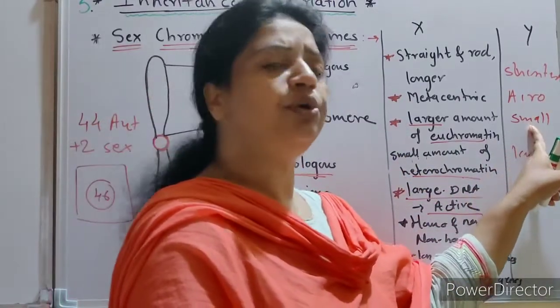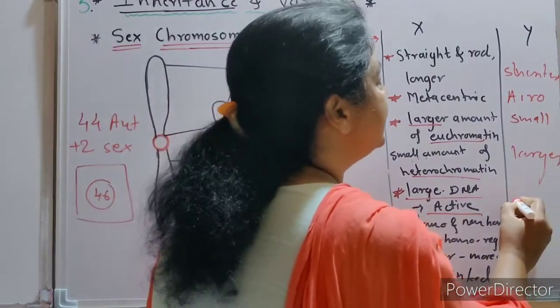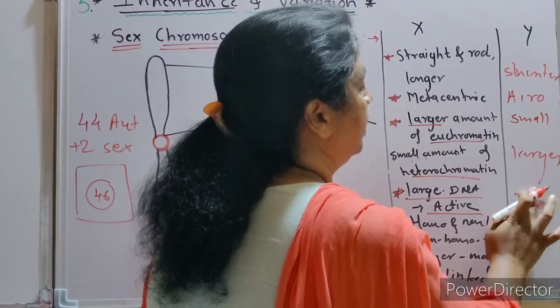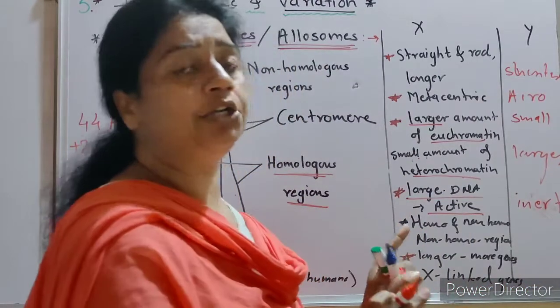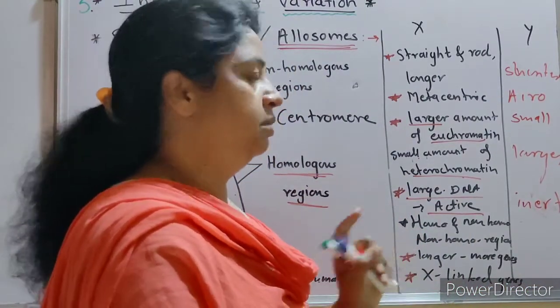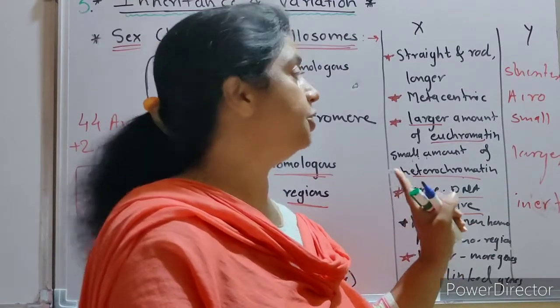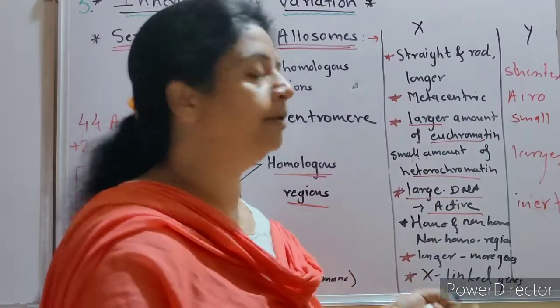Small euchromatin means small DNA, so this is less active or inert, genetically less active than the X chromosome because it consists of a small amount of DNA.